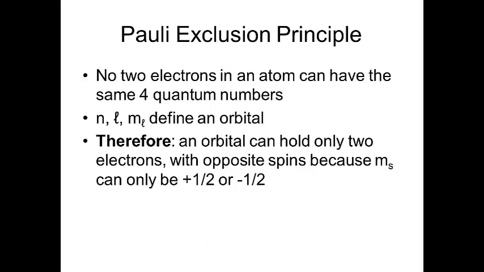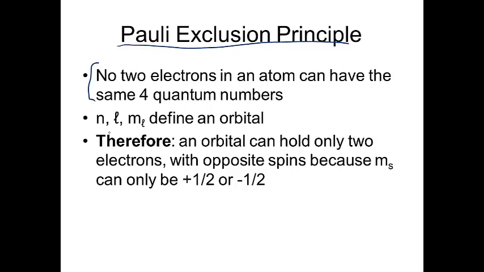Now we're going to talk about how electrons are arranged inside atoms. What we care about is how those electrons are occupying orbitals. That is, what shapes they take. To do that, we have to know how many electrons can be inside a particular shape. And that's governed by the Pauli exclusion principle, which says that no two electrons can have the same 4 quantum numbers inside an atom.